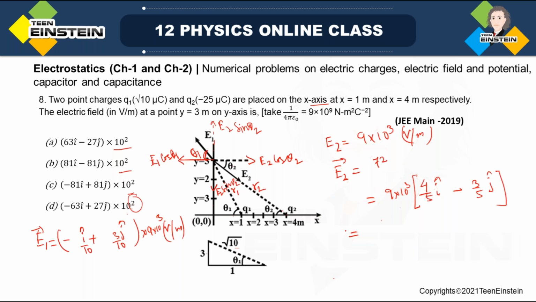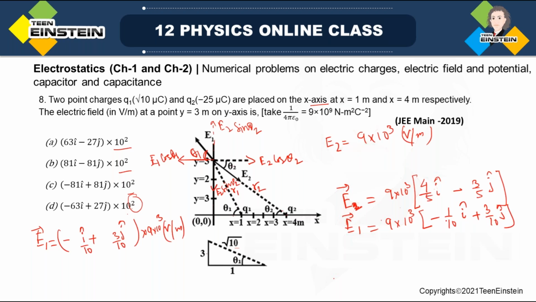Here let us keep this 9 into 10 to the power 3 as it is. Okay, now let us do the addition of the vectors. This is E2 and E1, let me write it here. So 9 into 10 to the power 3, and here it is minus 1 by 10, and this is 3 by 10 here.